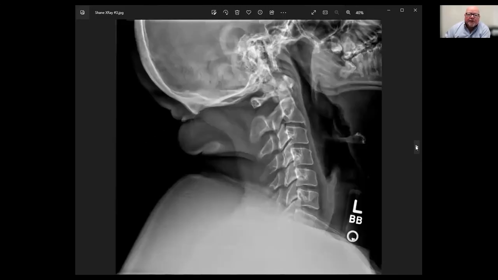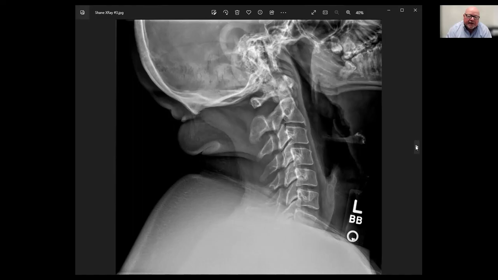All right, now we go into extension. As we come back, let's look at George's line. Are we seeing any disruptions? Not really. You could look at, what is that? 1, 2, 3, 4, 5. You could look at 5 on 6, and you could see there's definitely a little bit of a disruption, but I'd have to measure that to see what we're looking at. Remember, with translation, we'd be looking at greater than 1 millimeter.